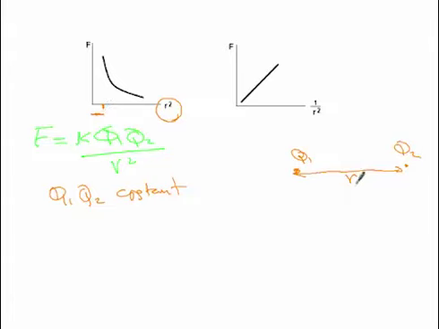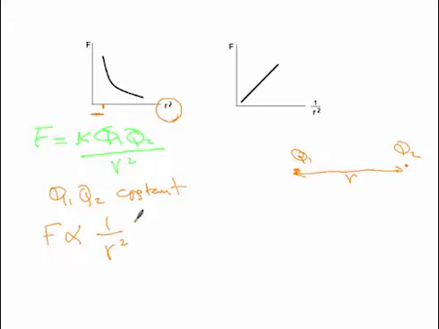Now if we are increasing R, R square will of course also increase, therefore F will decrease. We know that they are inversely proportional to each other. So F is inversely proportional to R square. It means when R square is increasing, F will decrease, and this will be the graphical representation of F versus R square.